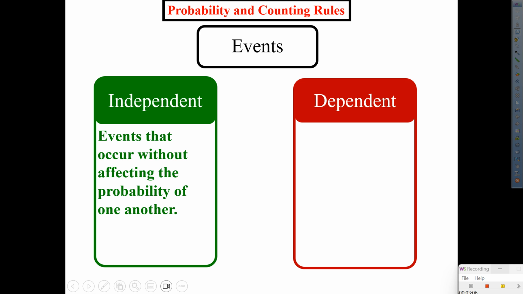Once again, events that occur without affecting the probability of one another. Now, I am going to give you a rule for each of these like I did last time for the mutually exclusive, non-mutually exclusive. So if independent are events that occur without affecting the probability of one another, tell your neighbor the definition for dependent. What are dependent events?